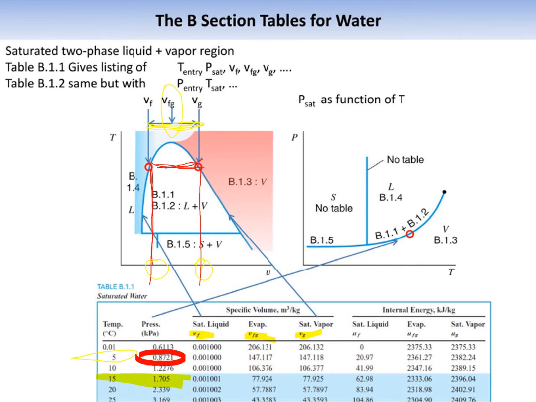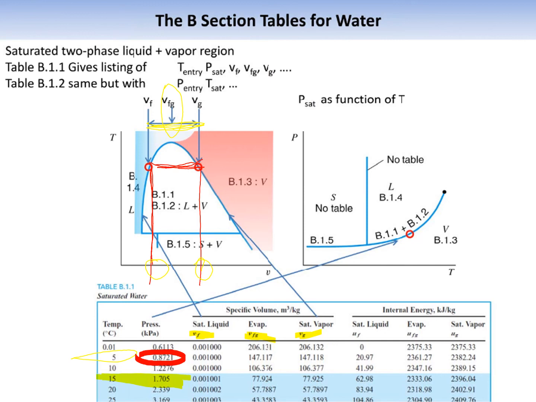If we have 15 degrees centigrade and 2 kilopascal, then boiling has not started yet. And if we have 1.705 kilopascal and 13 degrees centigrade, now the temperature is lower than the saturation temperature or the boiling temperature, so boiling has not started yet.